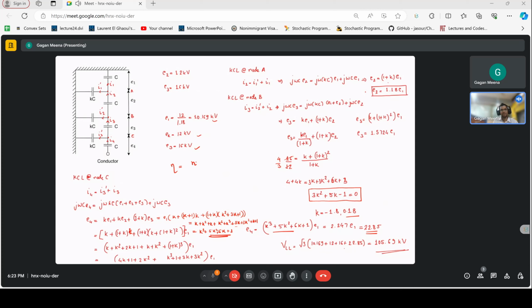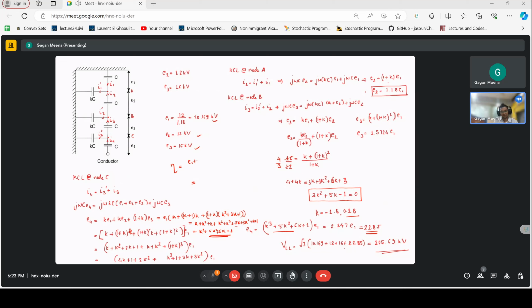Opposite, it is (E1 + E2 + E3 + E4) divided by n into E4, multiplied by 100. So E1 plus E2 plus E3 here is compound now 10.169.